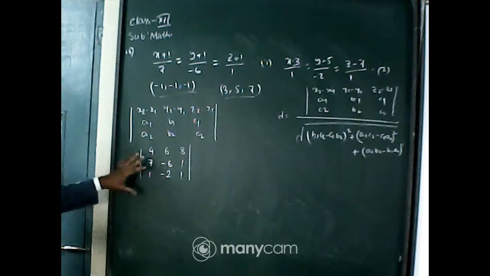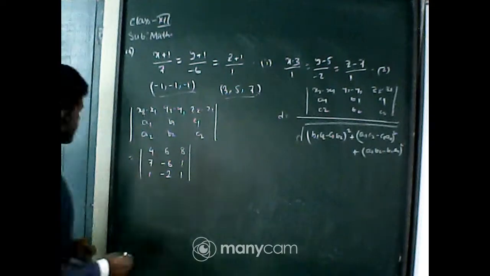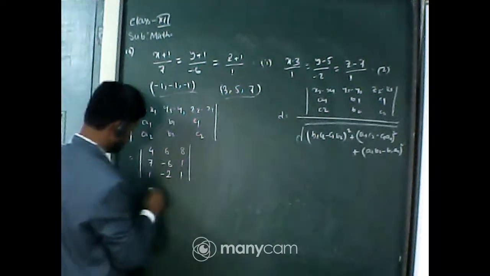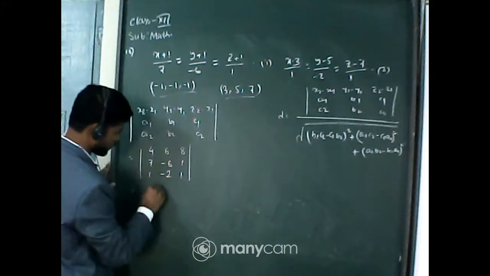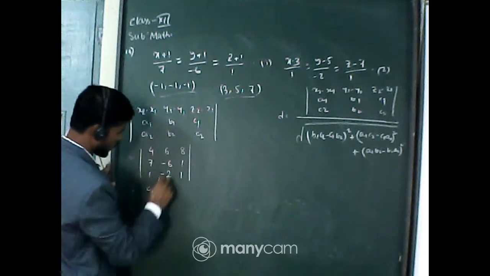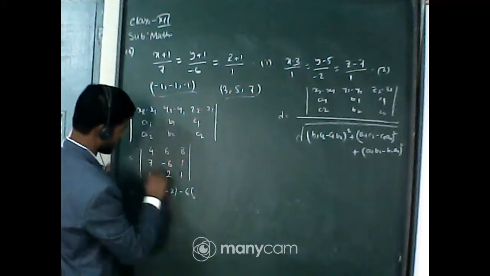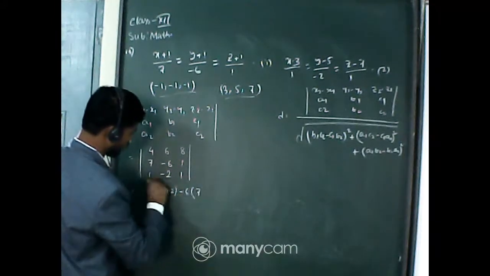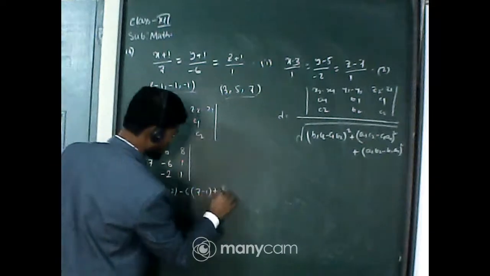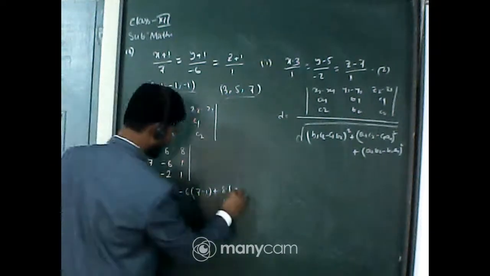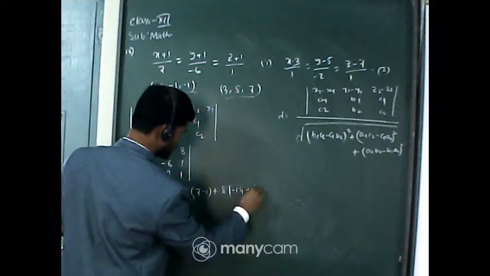So let's expand it. That is 4 into (-6 + 2), minus 6 into (7 - 1), plus 8 into (-14 + 6). Now do the calculation.